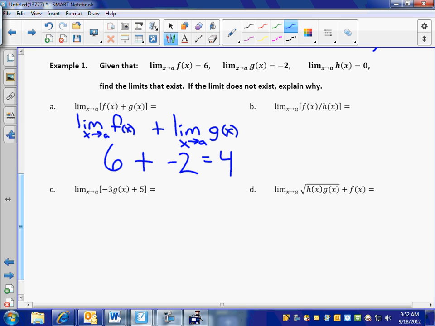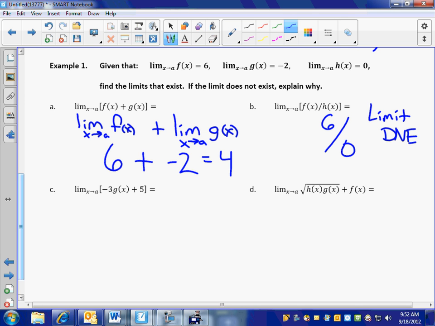What will I do with b? I could simply divide them. What's the limit as x approaches a of f of x? 6. And how about h of x? Yeah, there you go. Limit does not exist. Why? Because 0 is in the denominator.